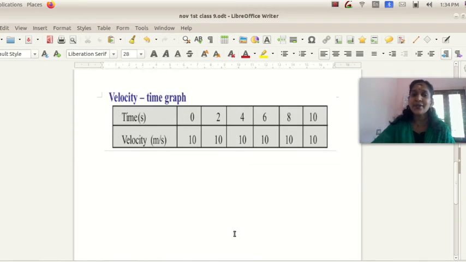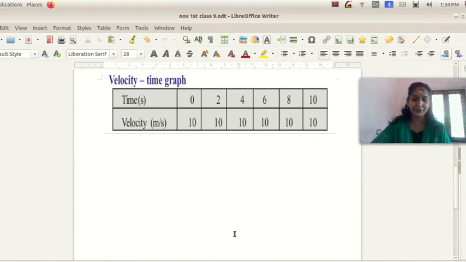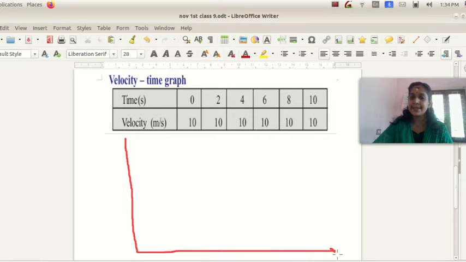We are going to draw the velocity diagram. On the x-axis, we should take time, 1 centimeter as 2 seconds.